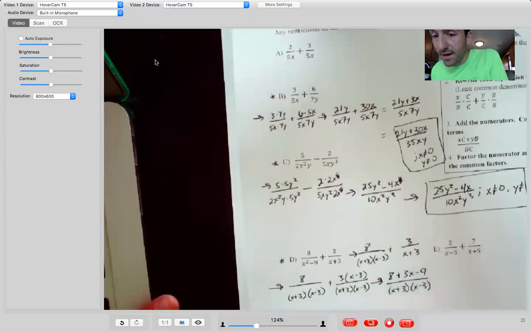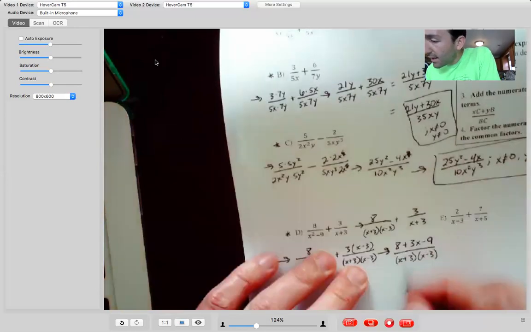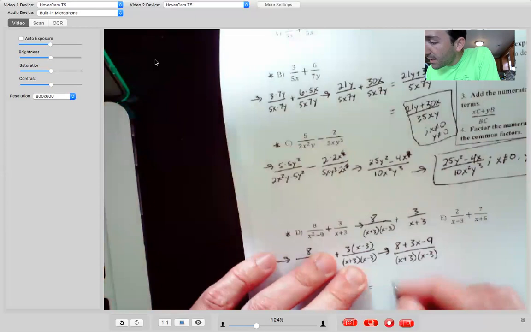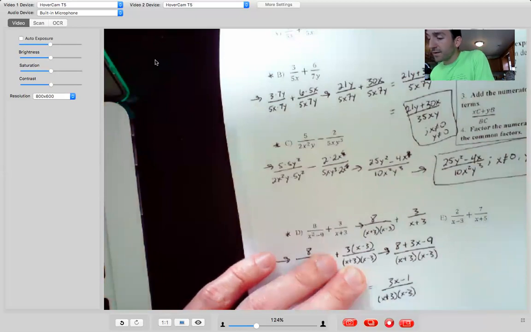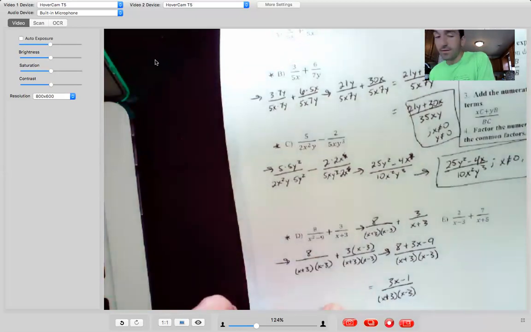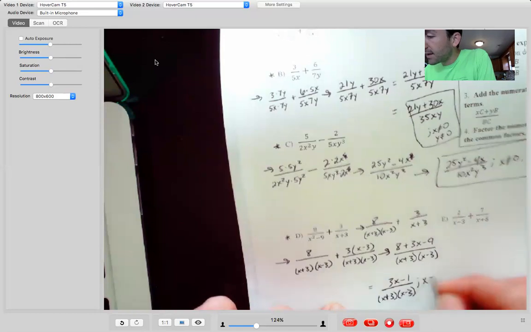And then just simplify by combining like terms. Sorry, that would be 3x minus 1 over x plus 3 times x minus 3, or you could just express that as x squared minus 9, either way. And our restrictions are x can't be negative 3, x can't be positive 3. I'm just going to write x cannot be equal to plus or minus 3.